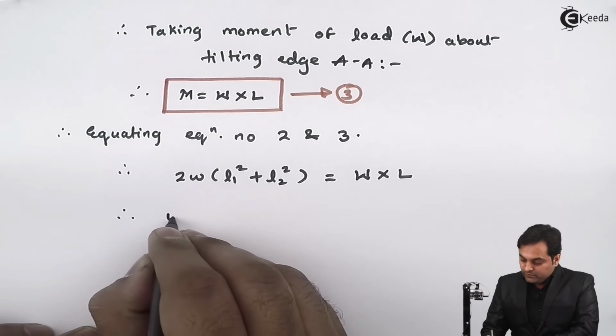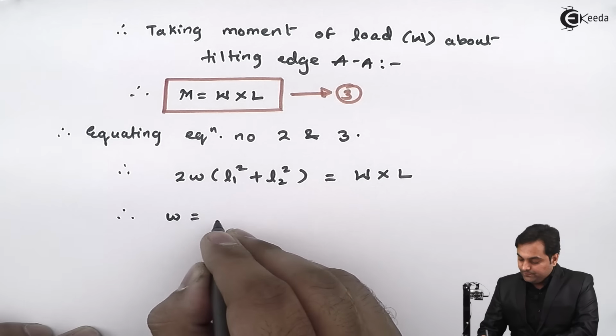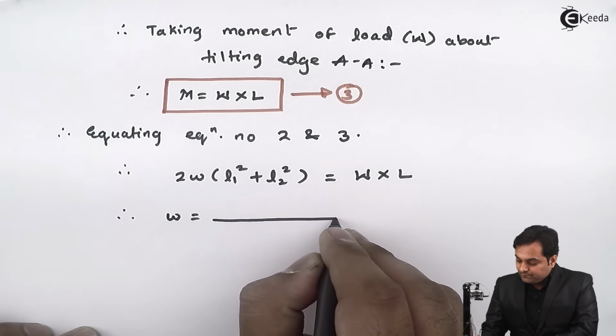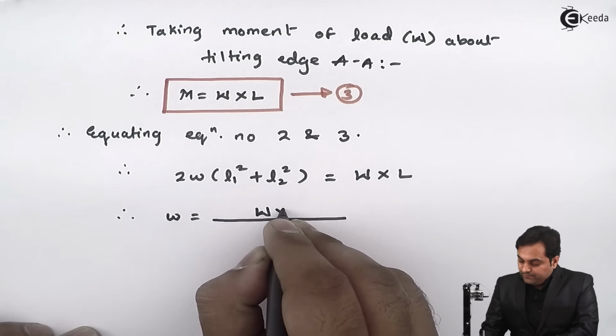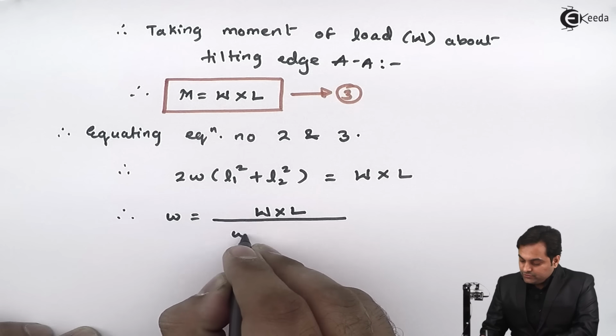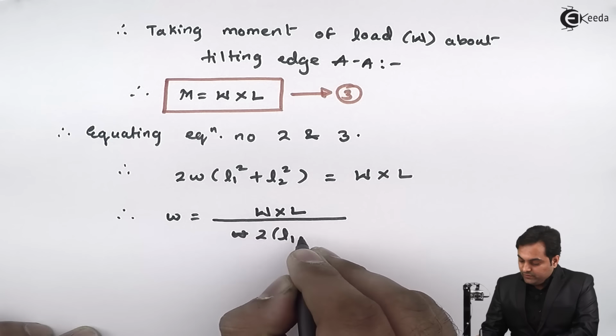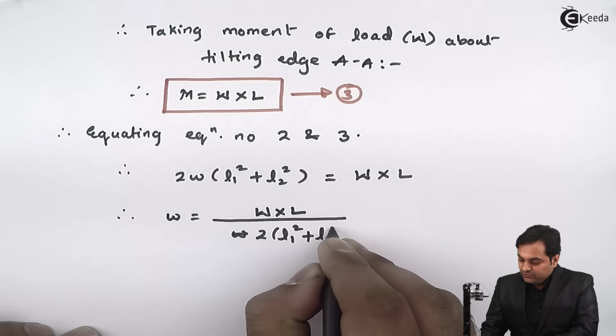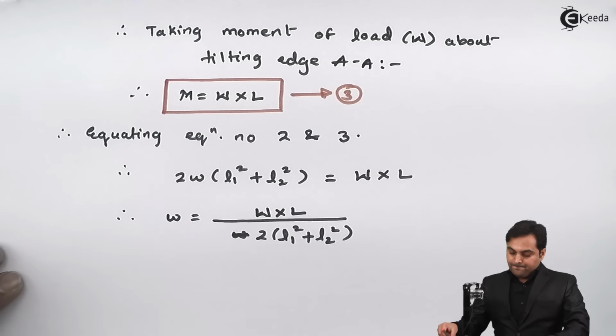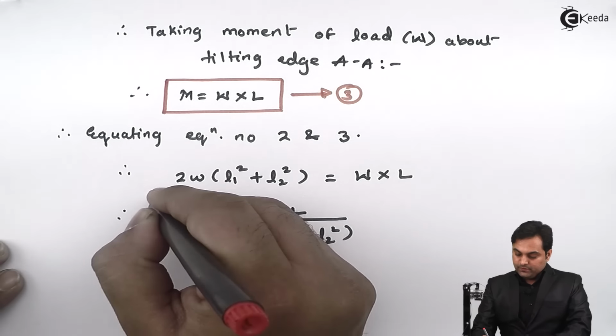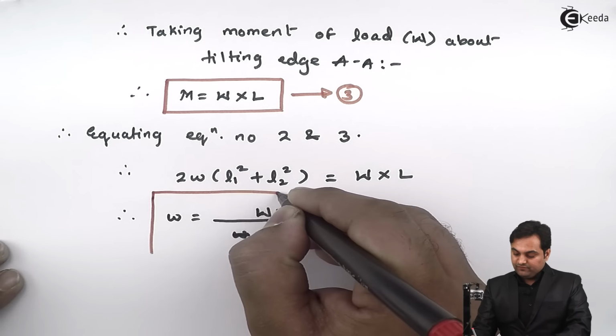So therefore small w will be equal to W into L upon 2 into L1 square plus L2 square. This will be equation number 4 for us.